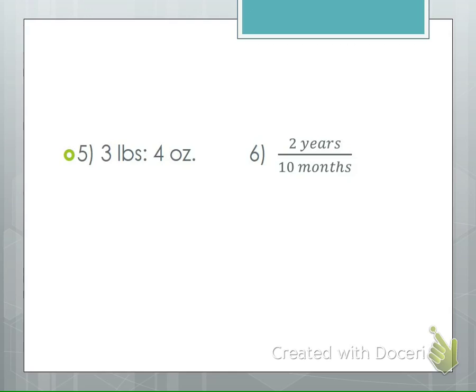On number 5, we already mentioned that we want to keep which unit? Ounces. So what was your scale factor or conversion factor that you used? What was on top? What was on bottom?